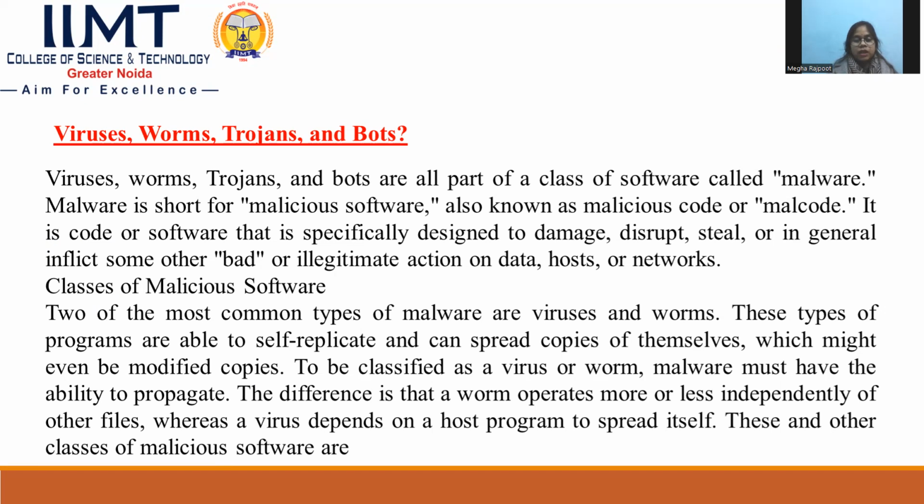Malware must have the ability to propagate. The difference is that a worm operates more or less independently of other files, whereas a virus depends on a host program to spread itself.